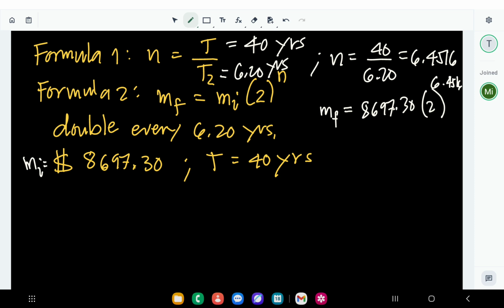What did you get? How come my number is really bad? I got that the final amount is $761,225.72. Actually, you almost got the correct answer, because you answered 760,375.